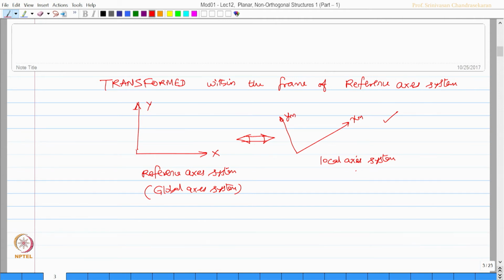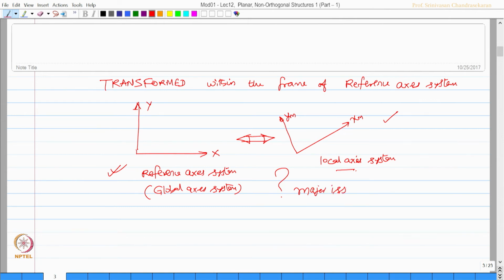If the local axis system and the reference system are one and the same, then the issue will not be there. That is possible only when the members are orthogonal to each other. When the members are non-orthogonal to each other, then the mapping of local axis system to the reference axis system is a major issue.